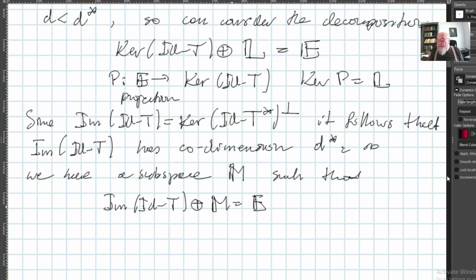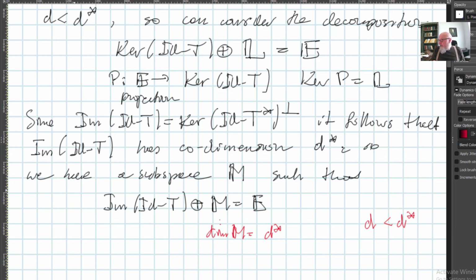Now, which number was larger? So that one has dimension, this one has dimension, the dimension of M is equal to D star. That's the codimension. This is D star. And we have here the assumption, D is smaller than D star.